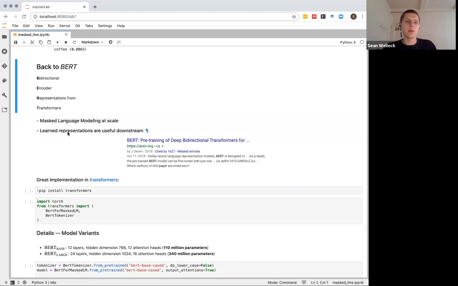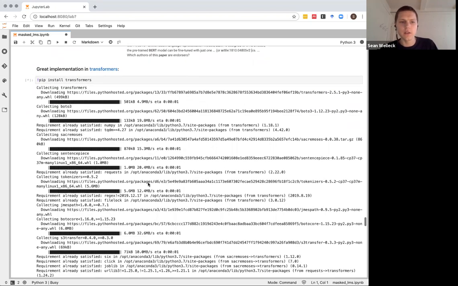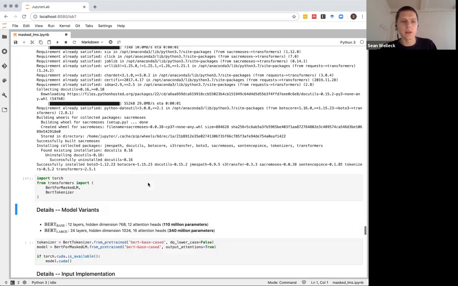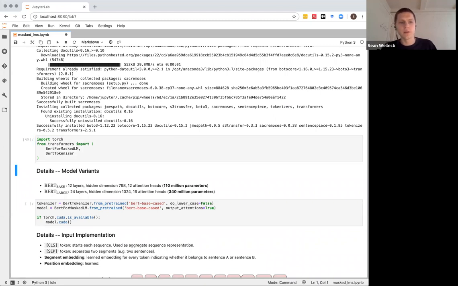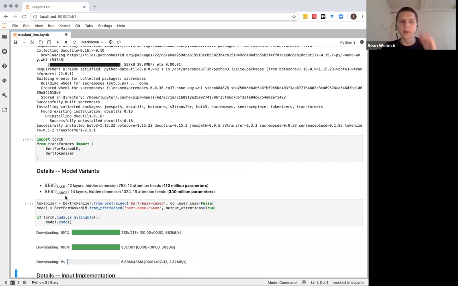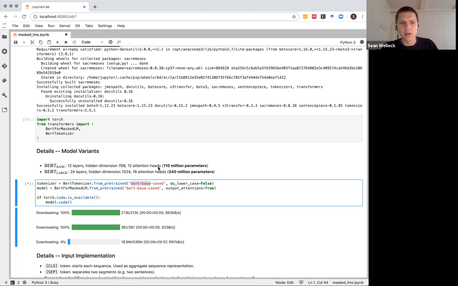But in practice, what some people do, some people actually have to train these, but a common thing is to use an existing library, like this transformers library, and load a pre-trained model. So here we're going to load the actual original BERT model from the original paper. We're loading this BERT base, which has 12 layers and about 100 million parameters.